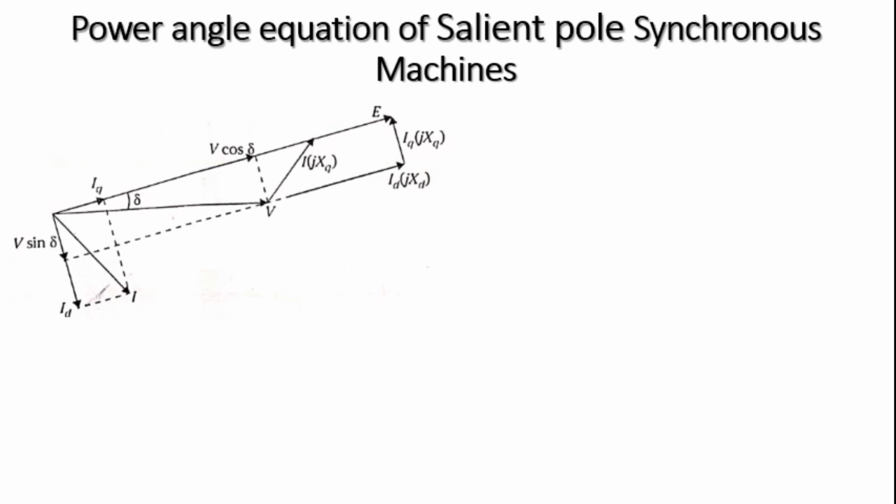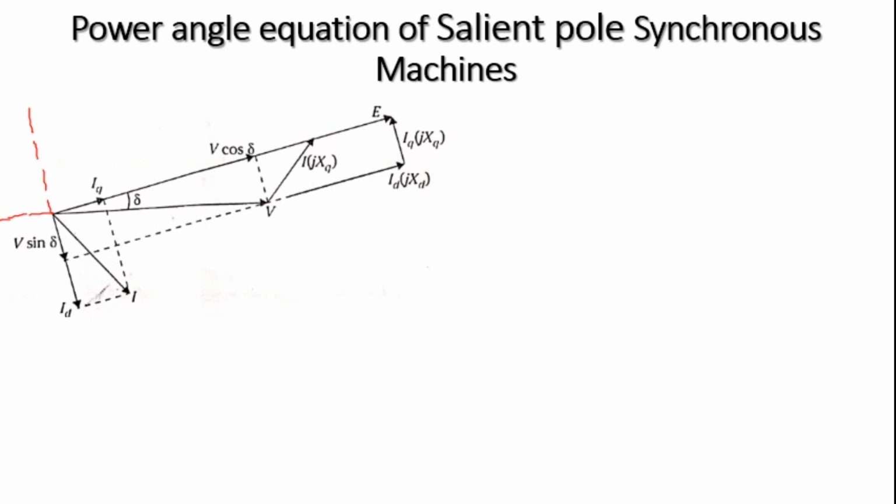It means the current lags behind the voltage, not strictly at 90 degrees. The current I is resolved into two components.